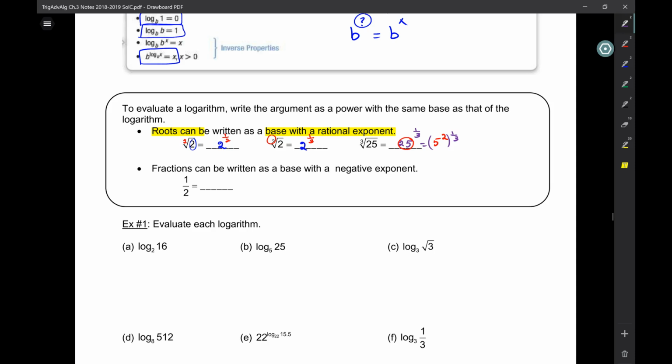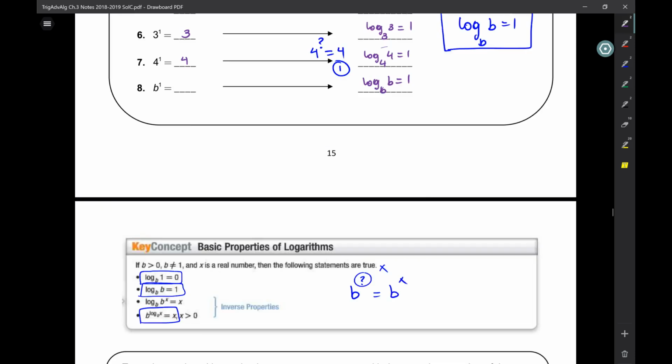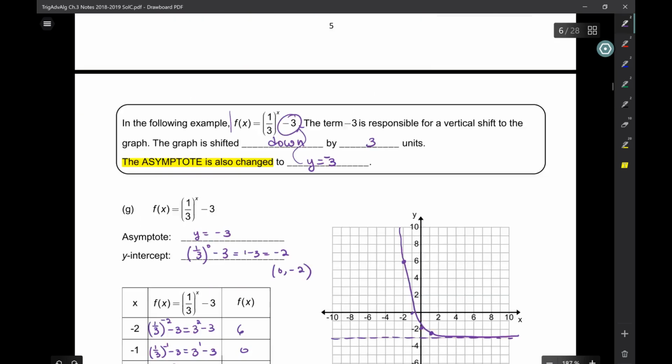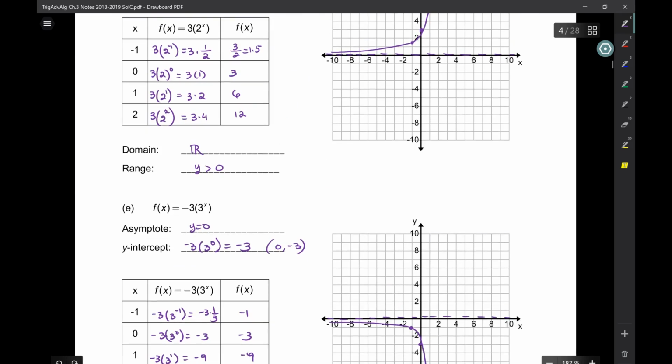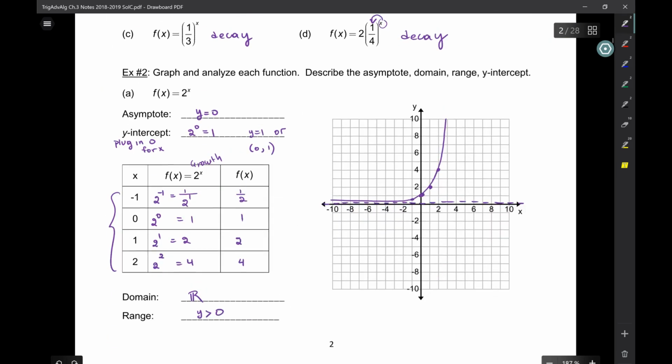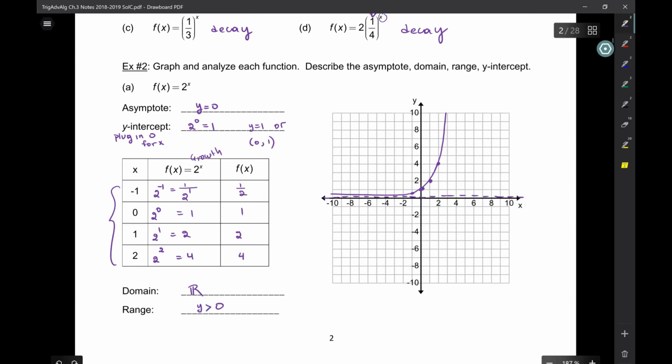Now, fractions. Remember, we've already worked with fractions, you just don't know it. When you have 2 to the negative exponent of 1, what does that give you? 1/2.